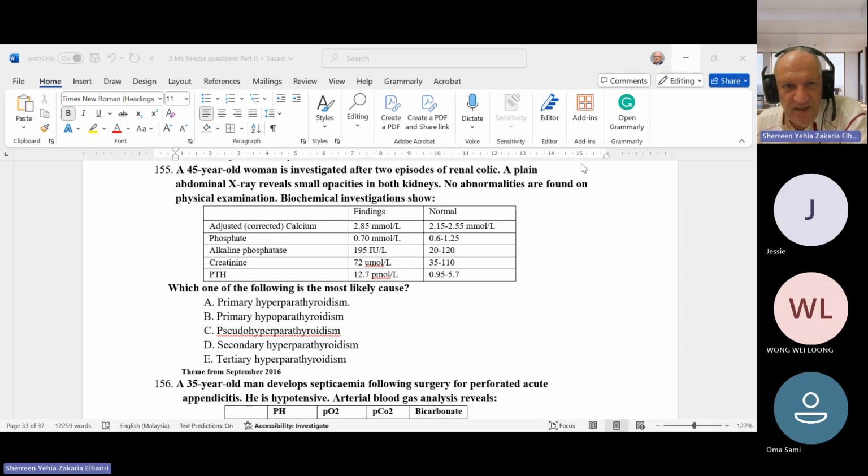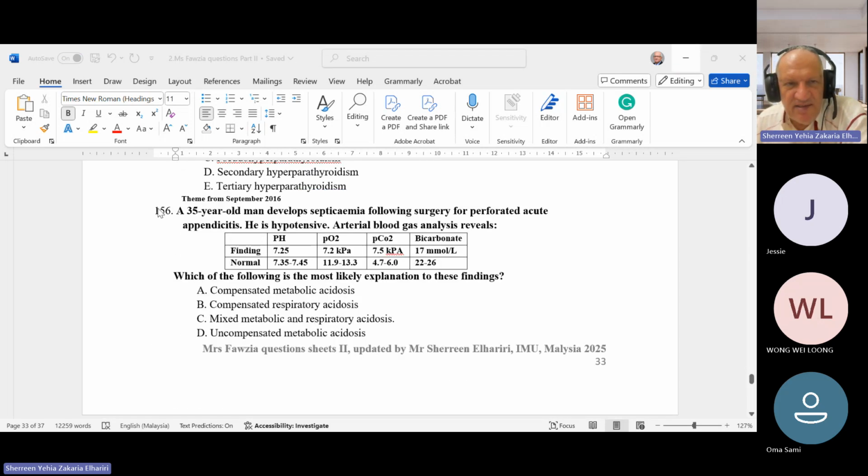Next question. A 35 years old man developed septicemia or septic shock following surgery for perforated acute appendicitis. He is hypotensive. Arterial blood gases: pH low, acidosis, PO2 low, PCO2 a little high, bicarbonate low.